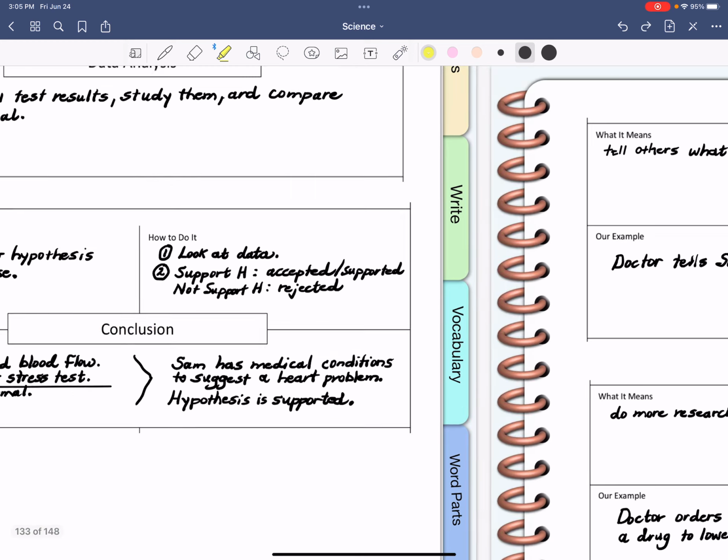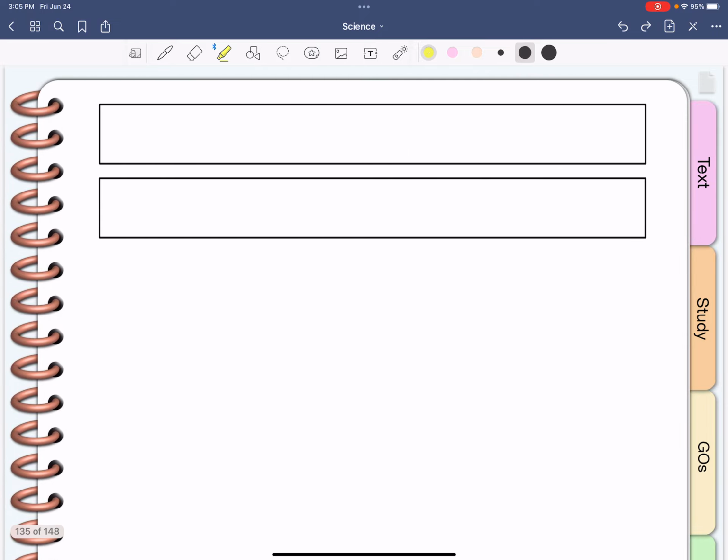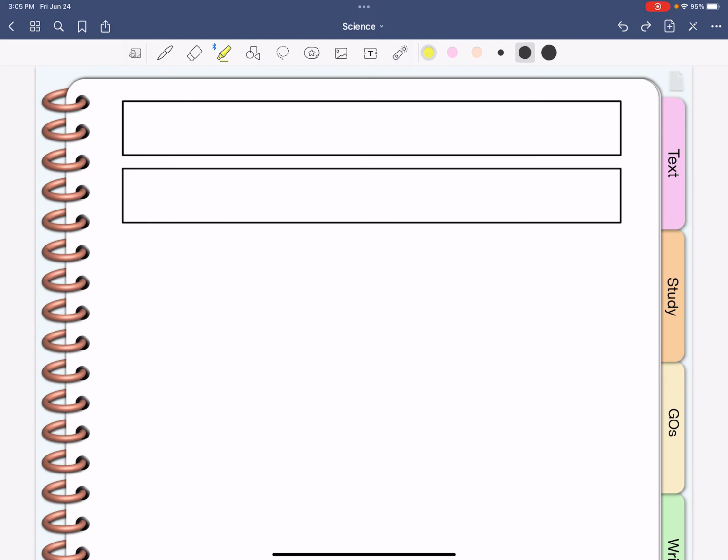And then let's bring them over here, and we are going to put them in order. This is the closed folded paper that you just did. Which of these pieces that you just filled in is the first step of the scientific method?